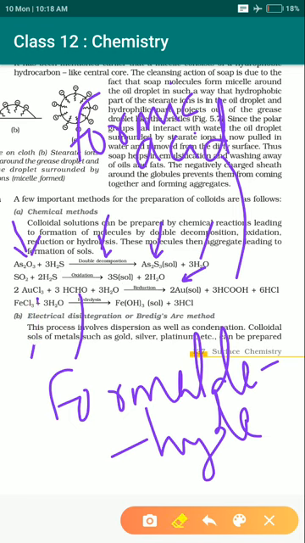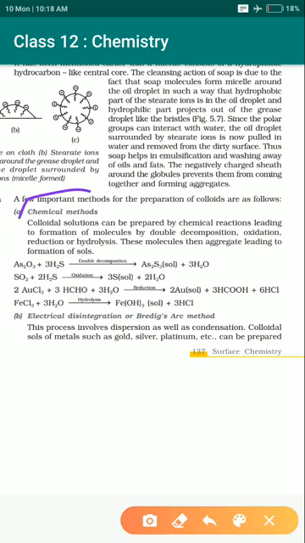And last, iron chloride with water gives, by the hydrolysis process, iron hydroxide, which is the actual colloid, and hydrogen chloride. So these are certain chemical methods that can be used to prepare colloids.